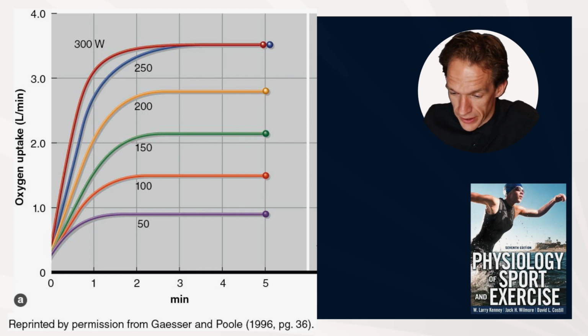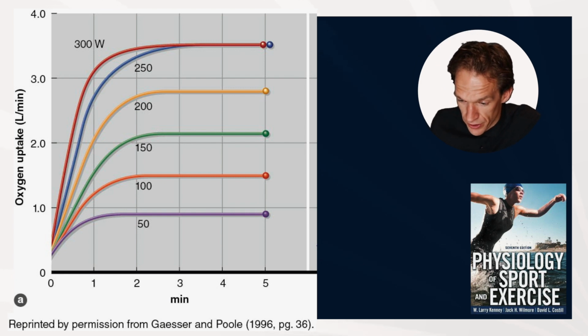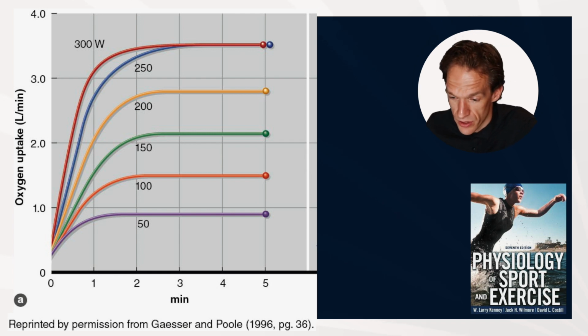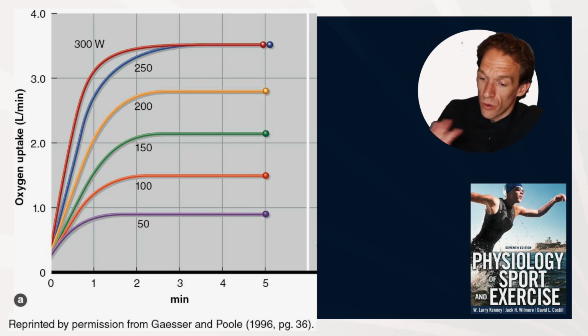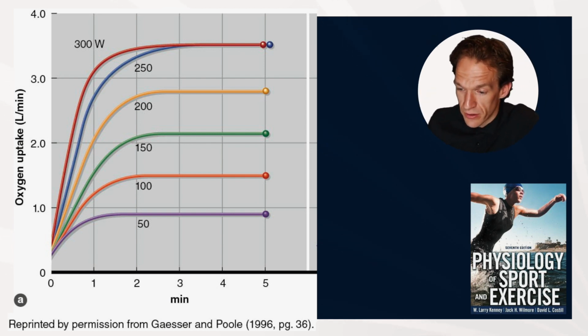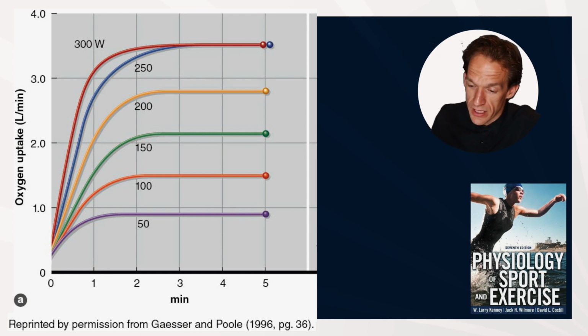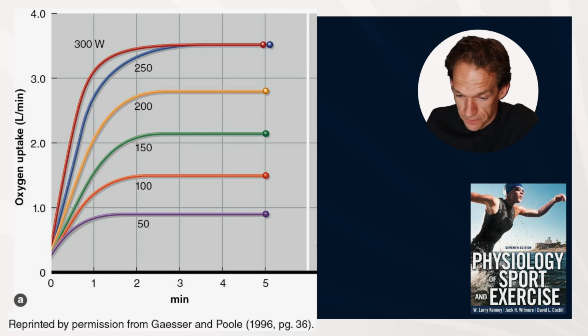The oxygen uptake you can see on the left, ranging from, let's say, 1 liter a minute for very low intensity exercise, all the way to 3 or 3.5 for higher intensity exercise. All these exercises are still considered submaximal, so you can expect this steady value for the heart rate for at least the last few minutes of the exercise.